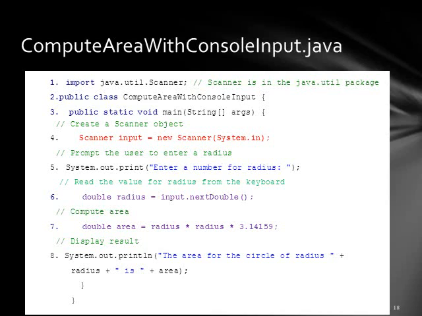Okay, lines 2 and 3 should be very familiar to you, creating my class definition and structuring the main method to start the program. Okay, line 4 is the creation of the input object of type scanner. The author simply calls it input. You could call this read keyboard or another name.